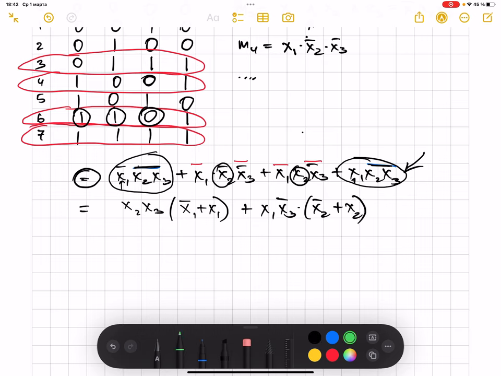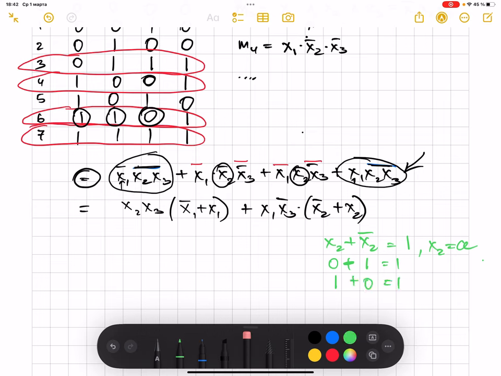And as you know, x2 plus x2 bar is always 1, just because, let's say x2 is 0, then 0 plus not 0 is 1. And let's say x2 is 1, or let's call it a, doesn't matter, x2 or a. If a is 1, then 1 plus not 1 is 0, so 1.